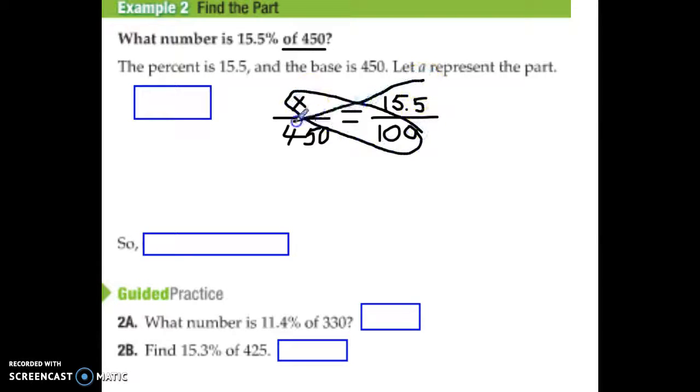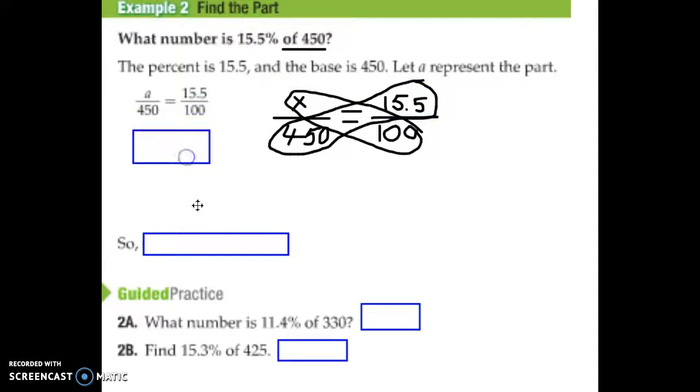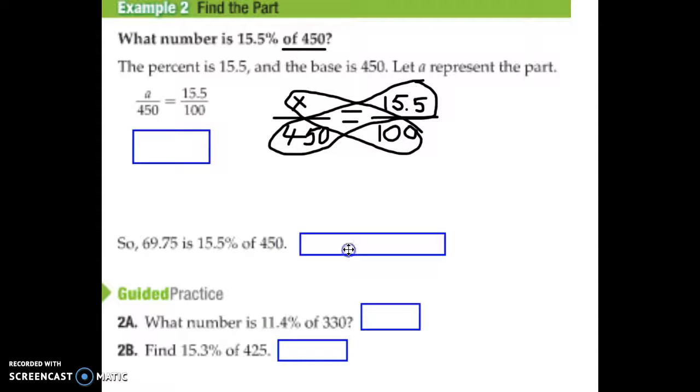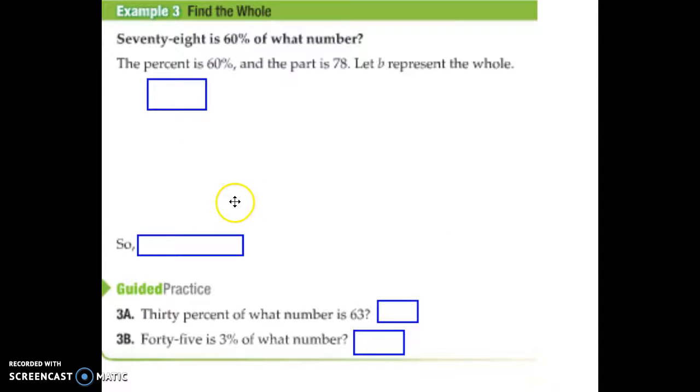It's going to equal these two multiplied together, and I'm going to divide by 100. There's our answer: 69.75. If I did the guided practice, what number is... So is my letter. I don't know my variable. 11.4 is my percent, and 330 is my of. Is over of equals percent over 100.